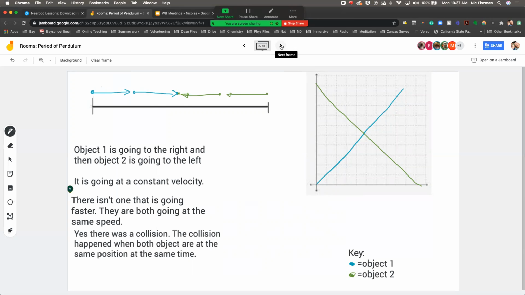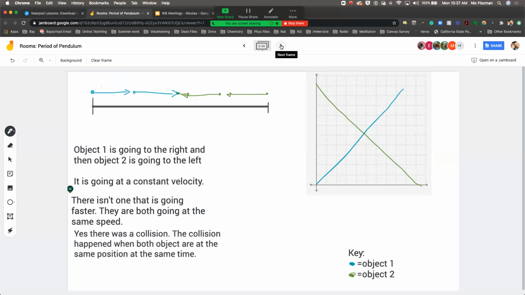Okay, so I guess we thought that our objects had a constant velocity because they were moving at the same speed, and there was a collision right at the graph where the two objects are at the same point.